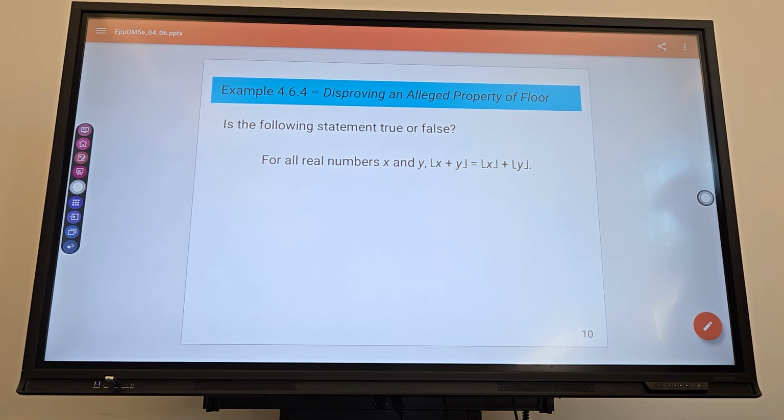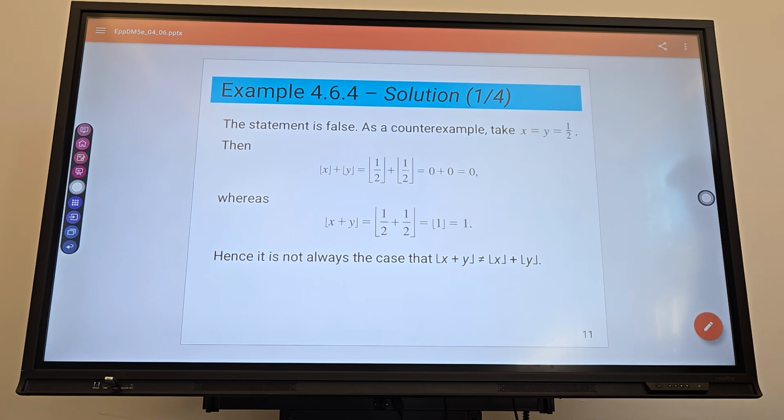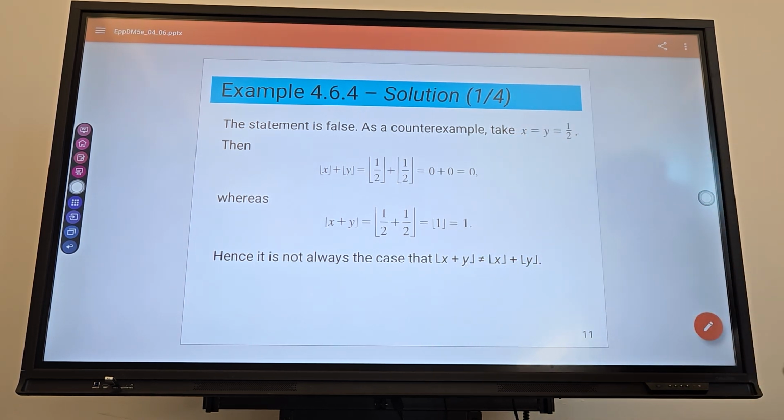So that is one of the types of proofs that we can do. They use the counterexample of x and y equaling 1/2 and work it out to show that in that case they are not equal.